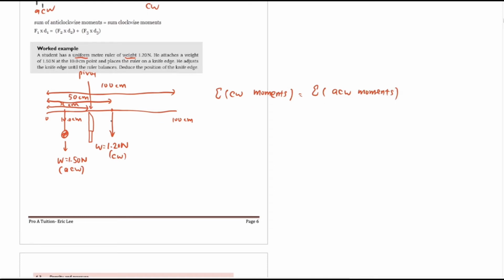Clockwise moments, we have 1.20, the force, multiplied with the perpendicular distance to the pivot. So here to here, 50 minus x.